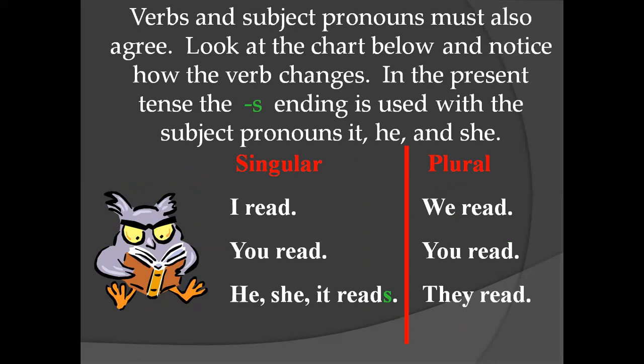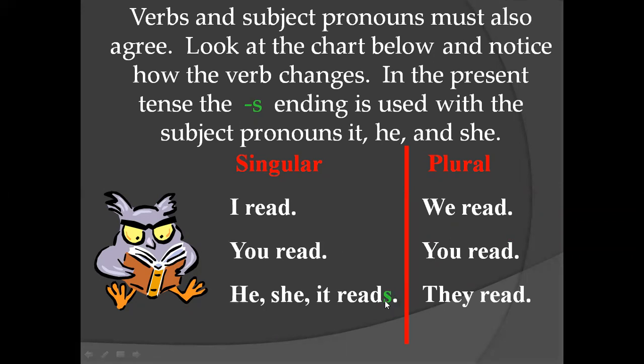Verbs and subject pronouns must also agree, of course. Look at the chart below and notice how the verb changes in the present tense. The s ending is used with the subject pronouns it, he, and she. In singular, I, you, he, she, it are pronouns. I read, there is no ending; you read; and he, she, it reads.